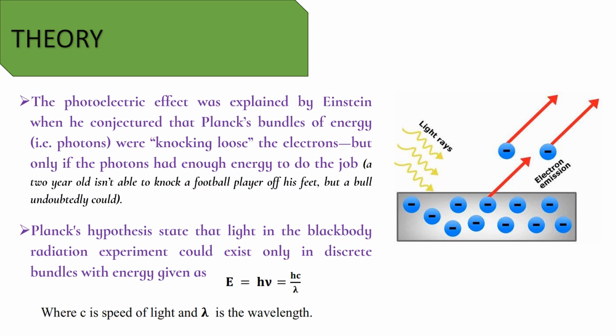Now let's continue. The photoelectric effect was explained by Einstein when he conjectured that Planck's bundles of energy, that is photons, were knocking loose the electrons, but they can only knock loose the electrons if the photon has enough energy to do the job. It's just like this.